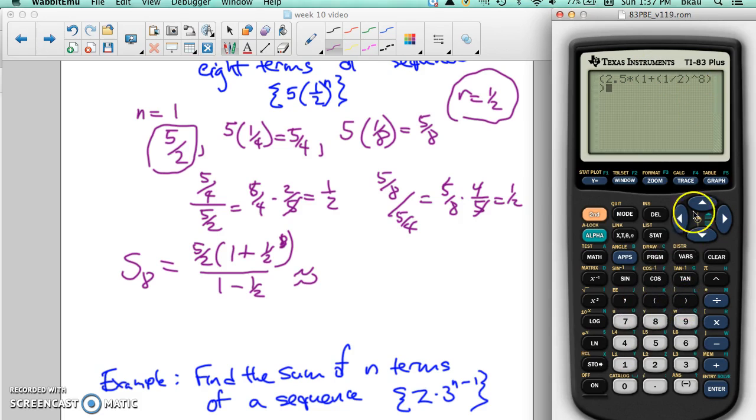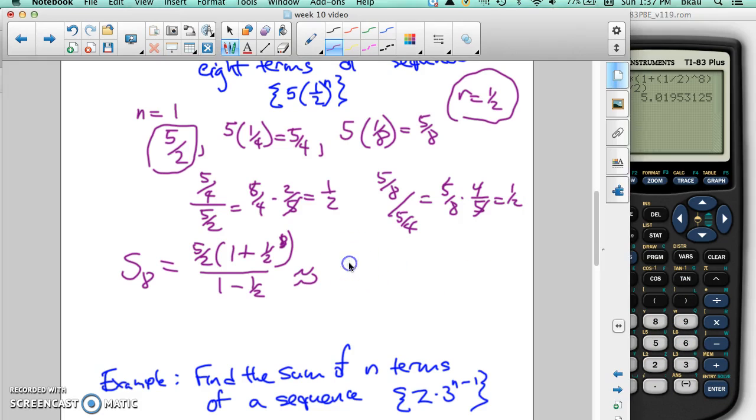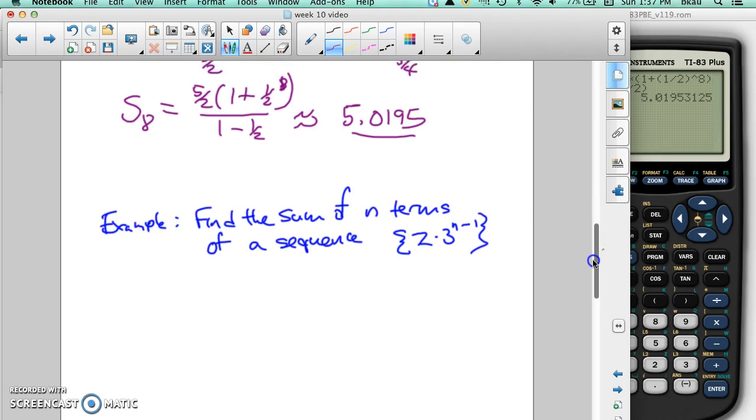I'm going to need one more, divided by my denominator, which is 1/2. Okay, my answer is 5.019. So my answer approximately is 5.0195. It's my answer to 4 decimal places, approximately, for this formula.